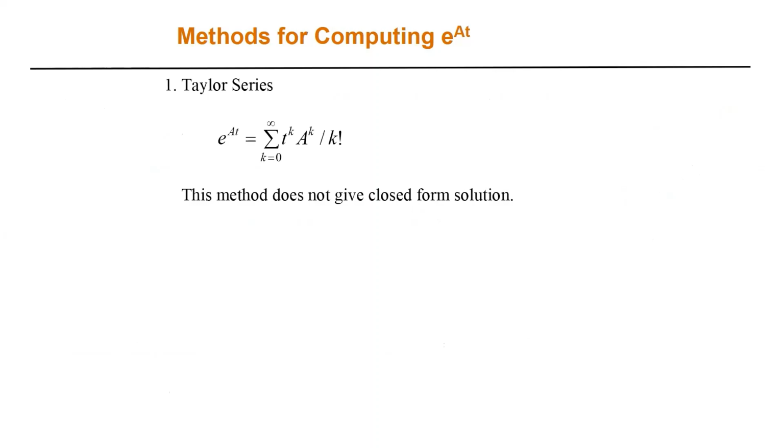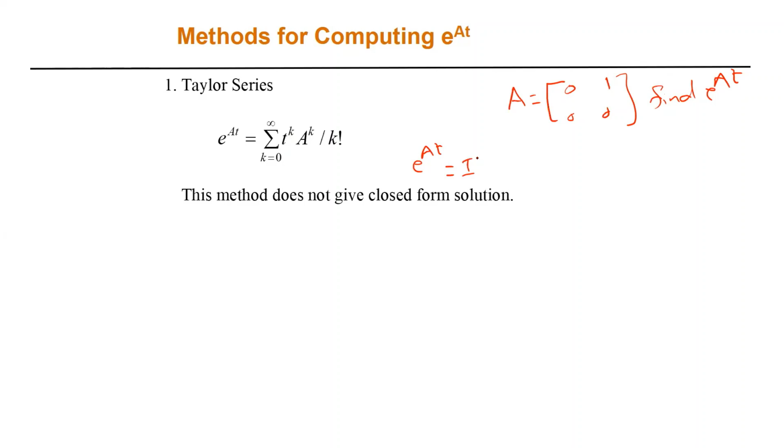So look, suppose I have A equals [0, 1; 0, 0]. Find e to the AT. According to the Taylor series, e to the AT equals: the first term, for k equal to 0, is A to the 0, which is the identity.